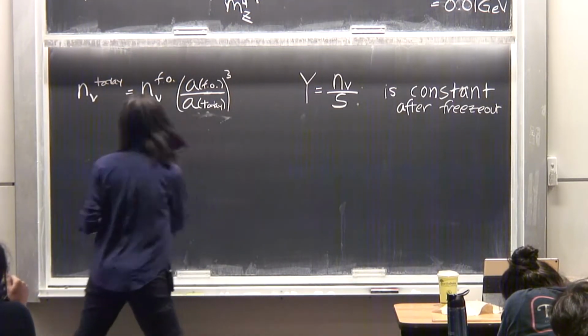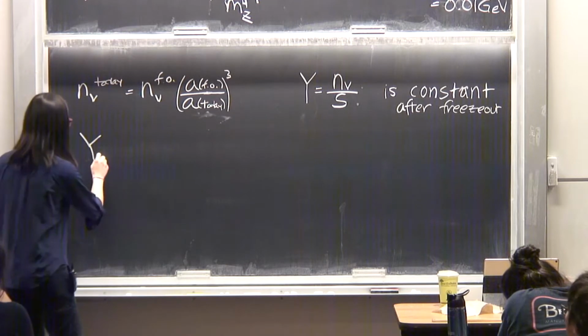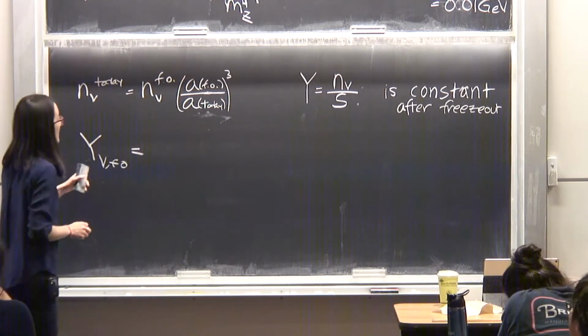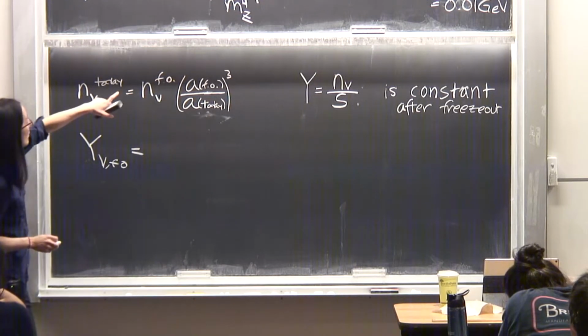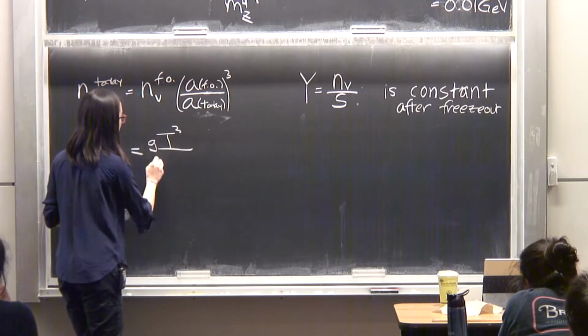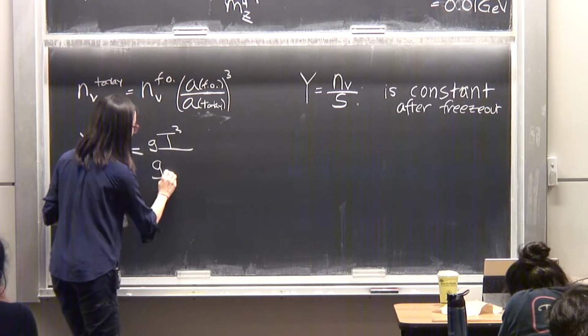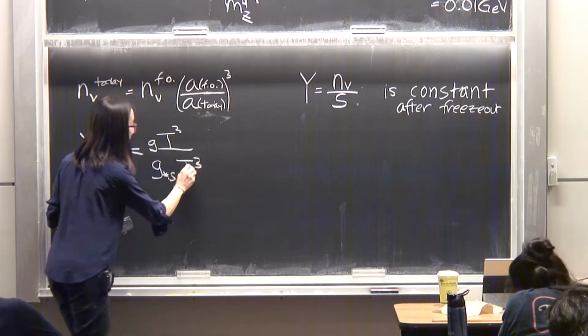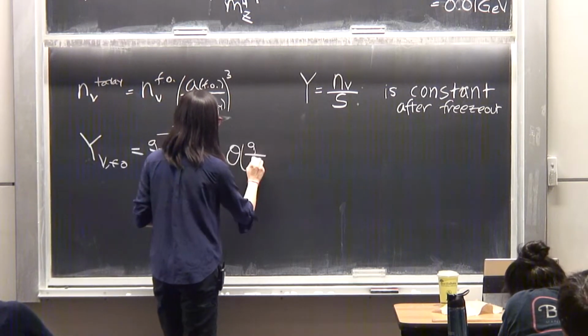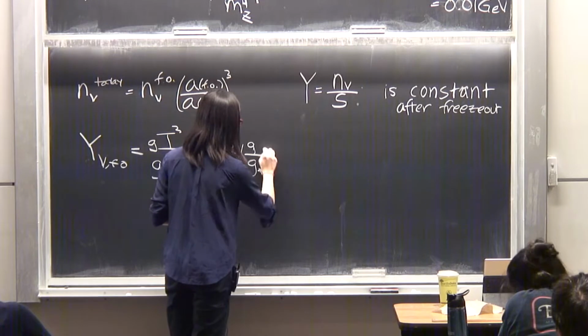We see that Y for the neutrinos at freeze-out will just be roughly, ignoring all the factors, g times T cubed over g star T cubed. So it's going to be an order 1 number given by the ratio of the degrees of freedom.